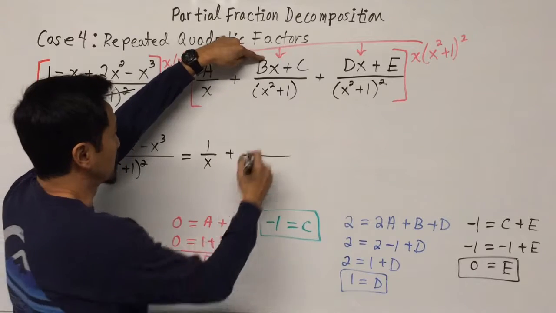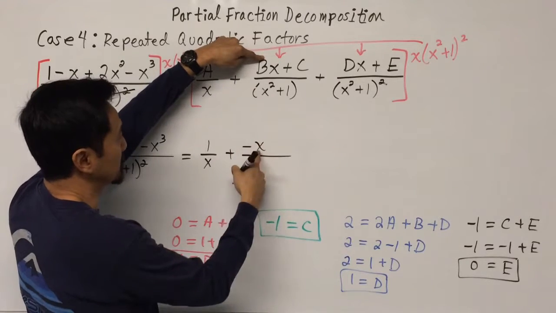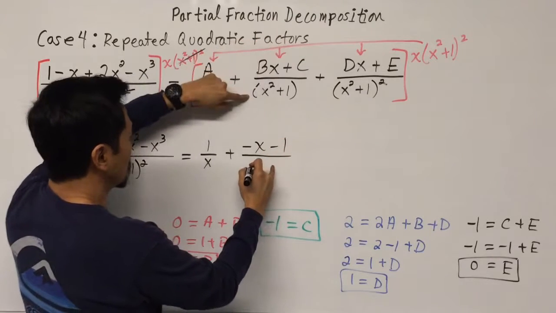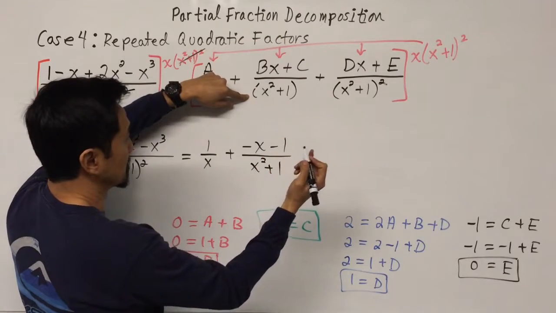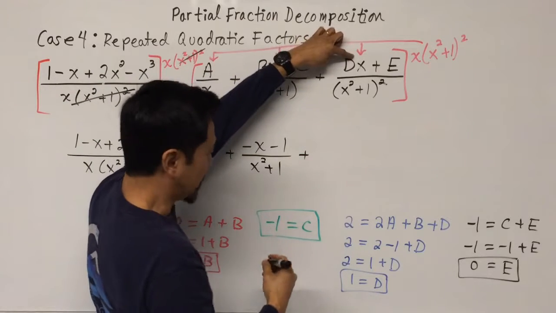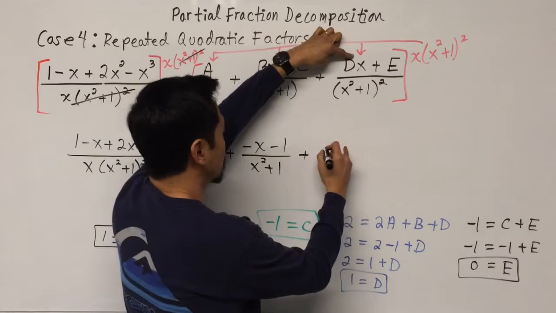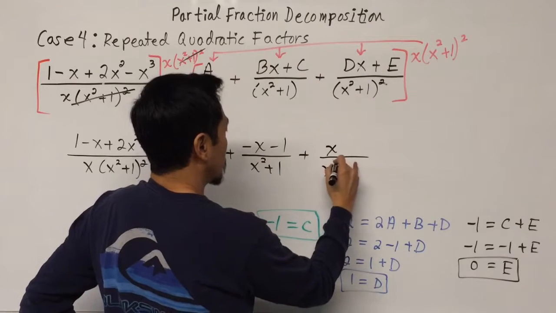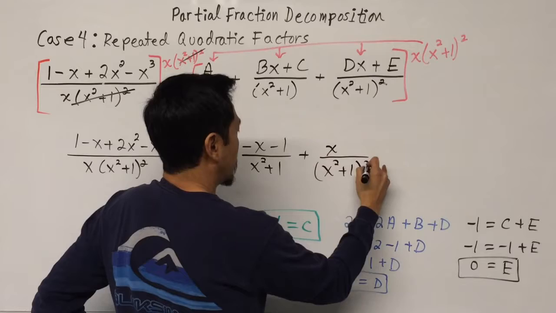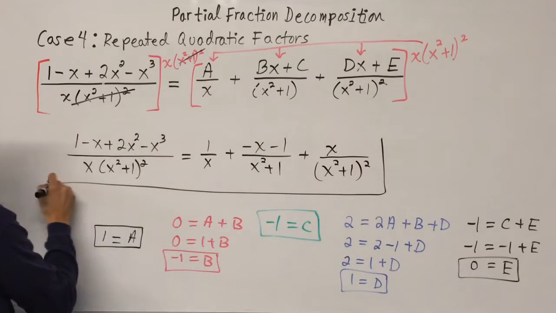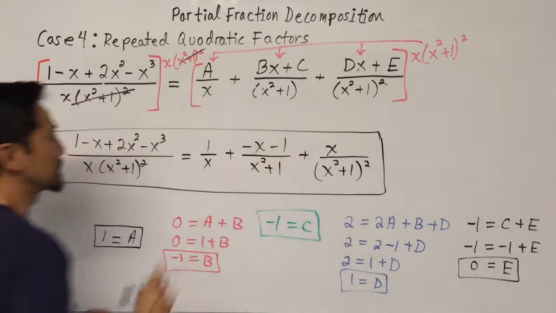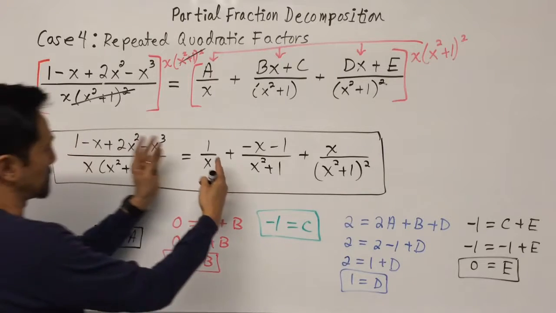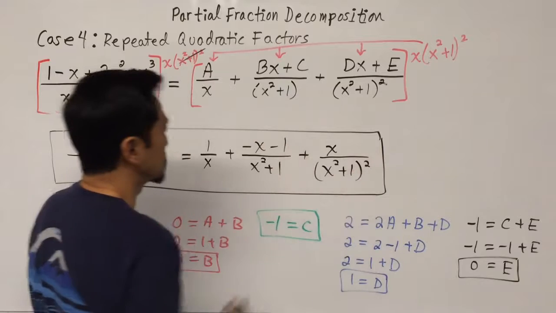B is negative 1, so we've got negative 1 times x, plus c, but c is negative 1, all over x squared plus 1. Okay, then I've got a dx, but where's d? D is also 1, so I've got a d, and the e was 0, and there is our partial fraction decomposition.